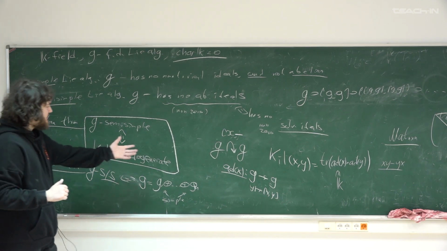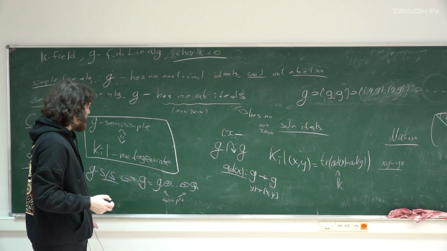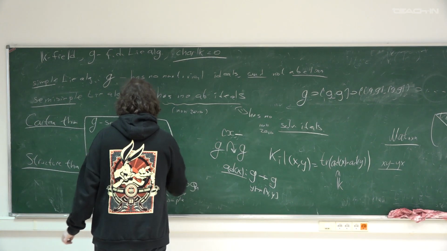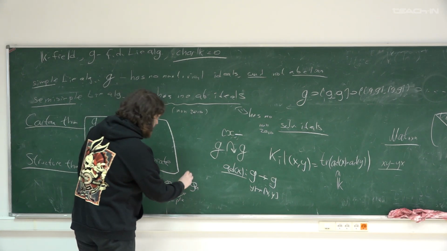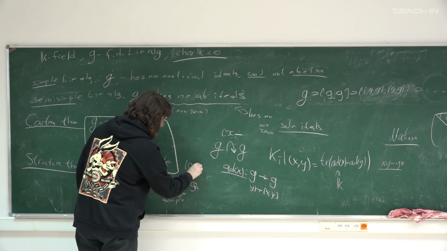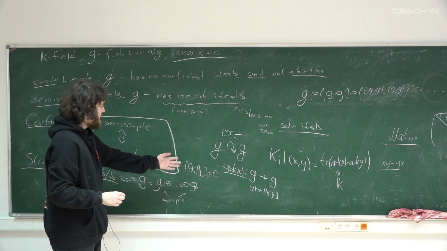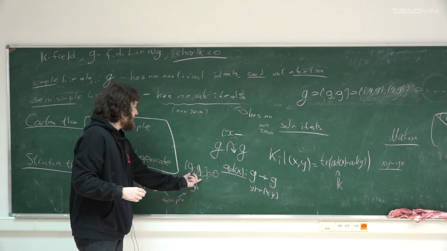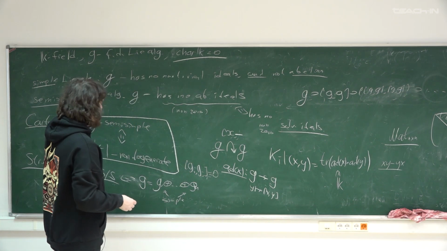Of course, this decomposition is uniquely defined because these are just all the simple ideals of my G. By simplicity, the commutator between the others must be 0, because it's some ideal in Gi and in Gj, so it must be 0.